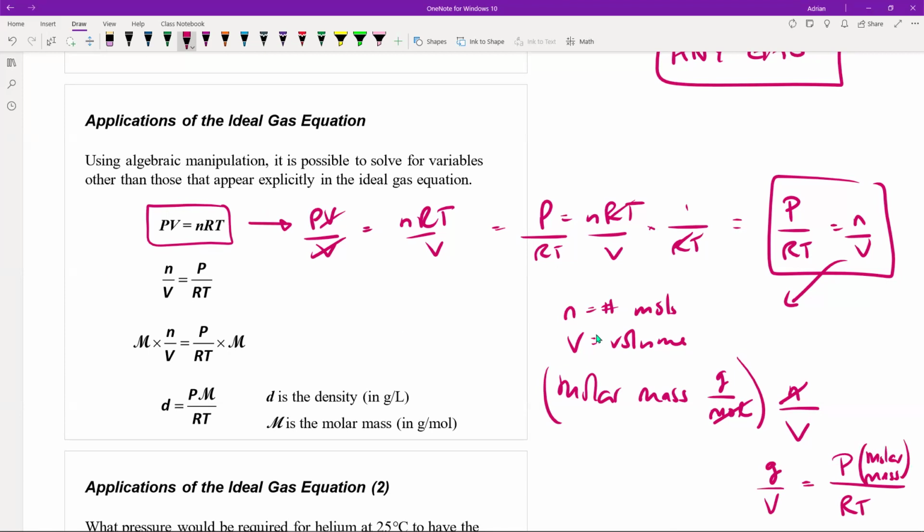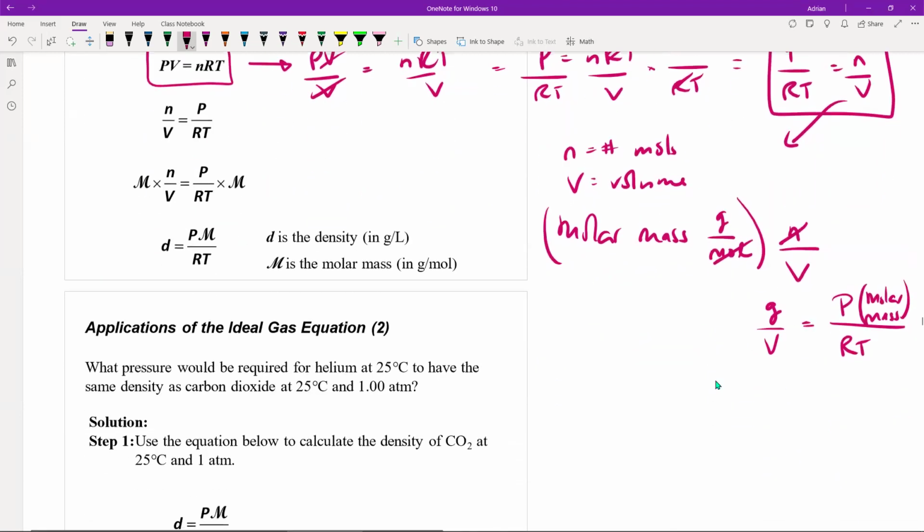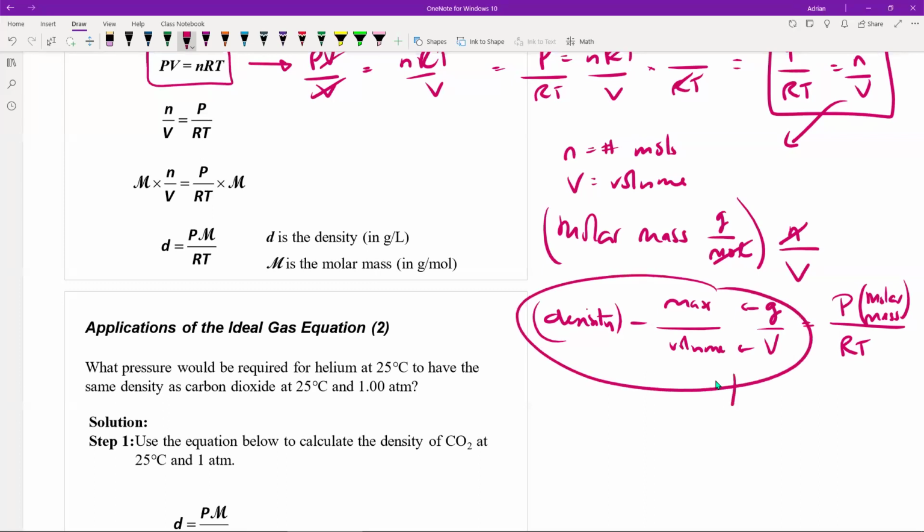Then grams over volume, that's the same thing as the density, right? Grams here is mass, and V is volume. Mass over volume is the density of a substance. So we can actually relate the density, that's the entire left side here.